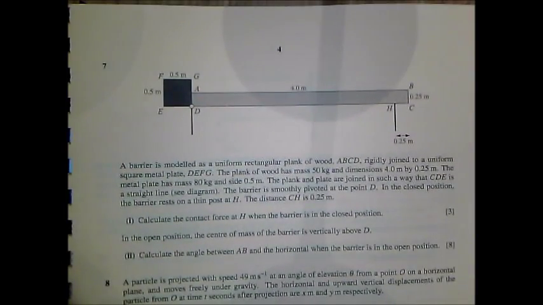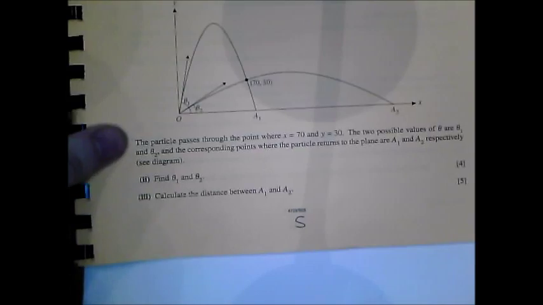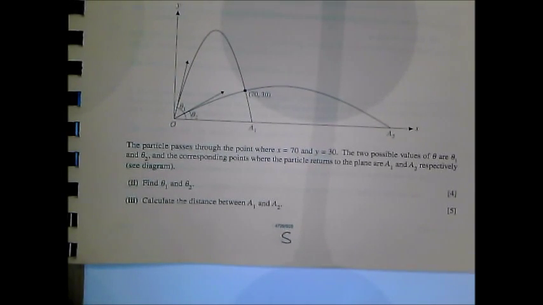Okay. Finally, let's have a look at part 3. So, that's question 7. We now want to find the distance between A1 and A2. We have our values of theta now for these two possible situations.